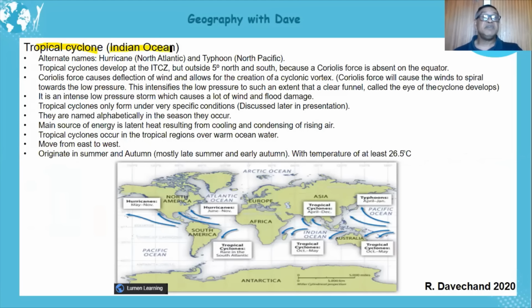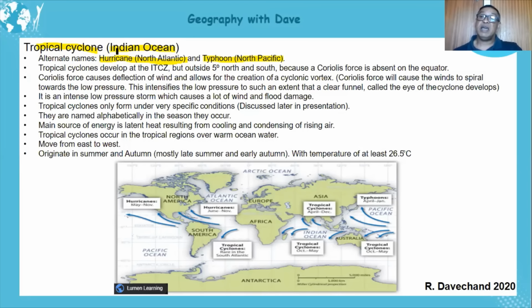Alternate names: hurricane in the North Atlantic around the United States, and typhoon in the North Pacific, where you talk Japan. We're using the word tropical cyclone because it's the Indian Ocean, and when tropical cyclones hit parts of Southern Africa, it's known as a tropical cyclone.